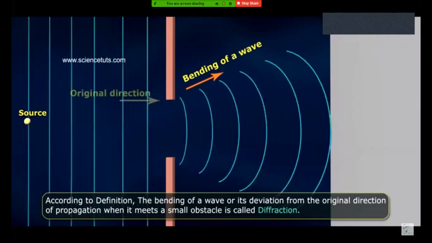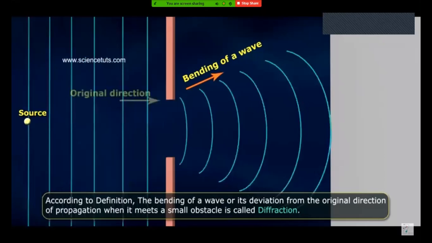Guys, see what exactly is happening. Can you see the plane wavefronts are falling from the left hand side of the slit? If this slit would have been bigger as compared to the wavelength of light, then these wavefronts would not have changed shape. They would have remained plane.